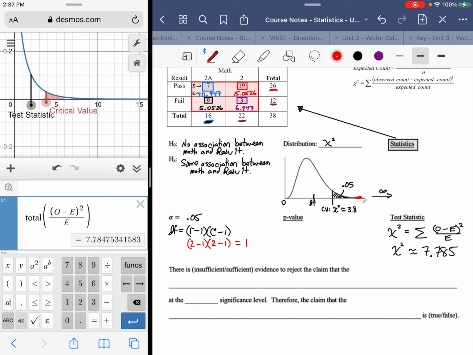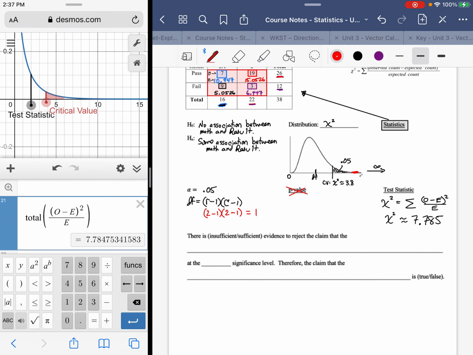It's definitely going to be in the shaded region. It's just a question of how far in. We're not going to worry about the p-value when it comes to a chi-square test because we're using the Desmos calculator. So we'll just work off of this and say it falls in a rejection region, so that's telling us to reject the null hypothesis and go with the alternative.